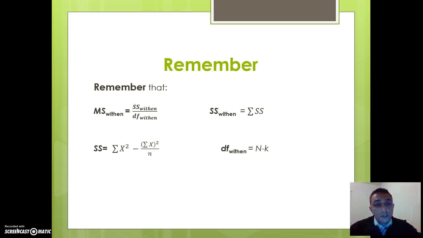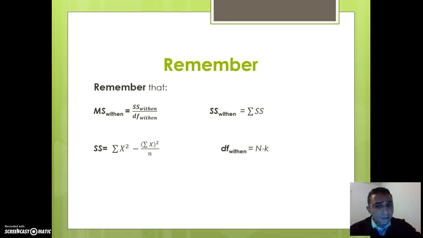So mean square within equals sum squares within divided by degrees of freedom within, and sum squares within equals the summation of the sum squares, which equals the summation of x squared minus the summation of x, parentheses squared, over n. And degrees of freedom within is n minus k.